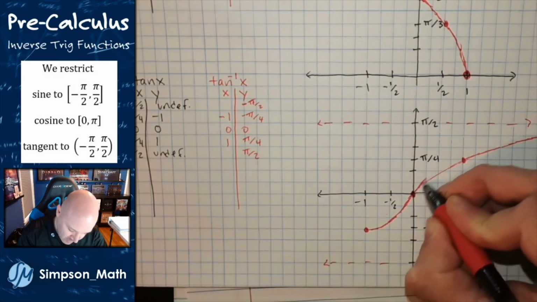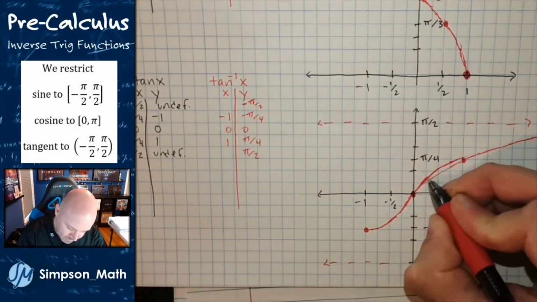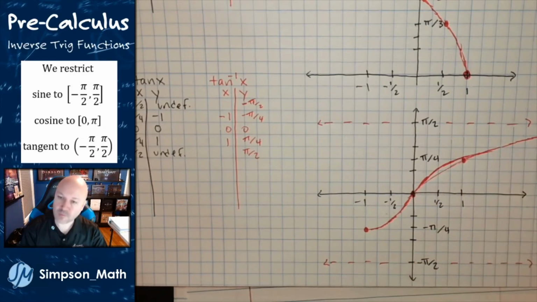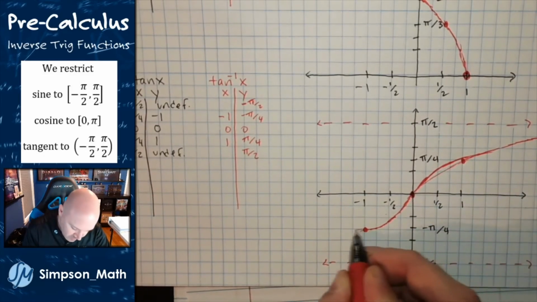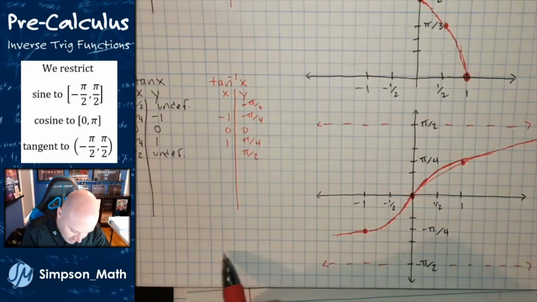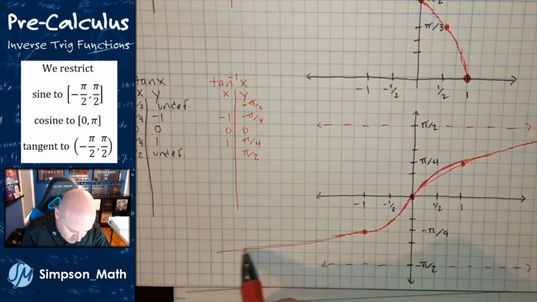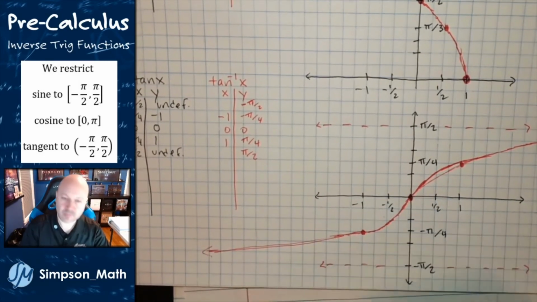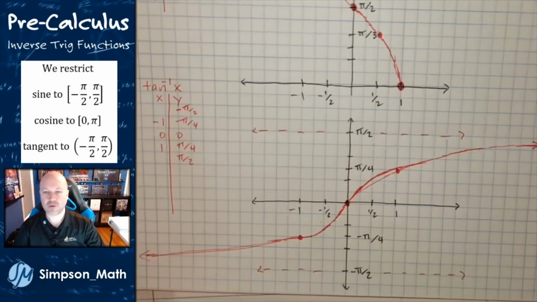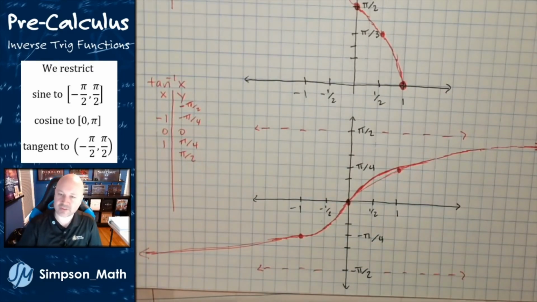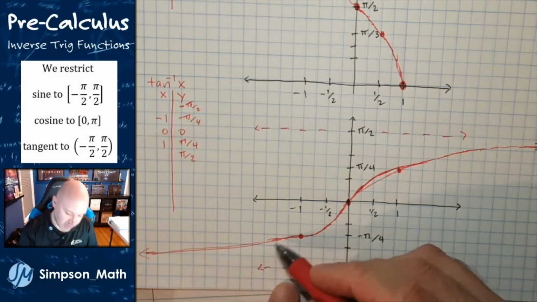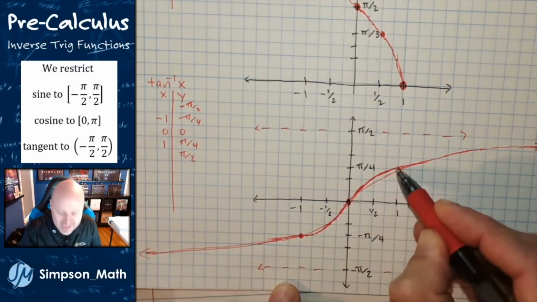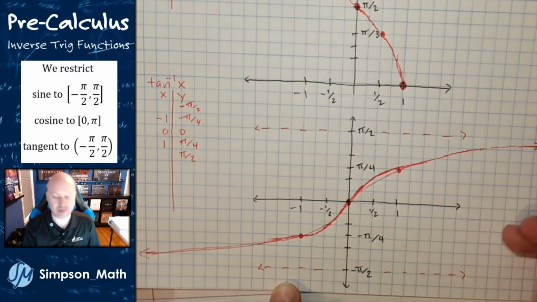I should have made this a bit more curvy. It curves into it, and it flattens out as fast as it can. So there I have arctangent. I only have 3 points, but there's this nice curve, and then the asymptotes help me guide the rest of the graph.